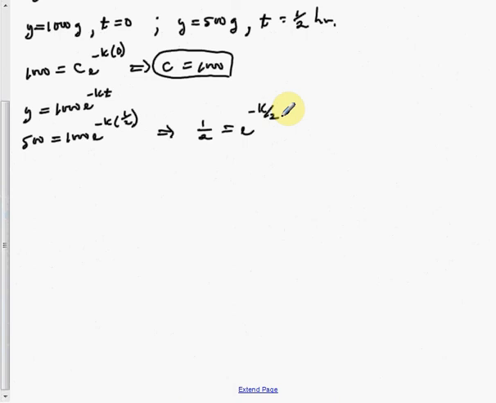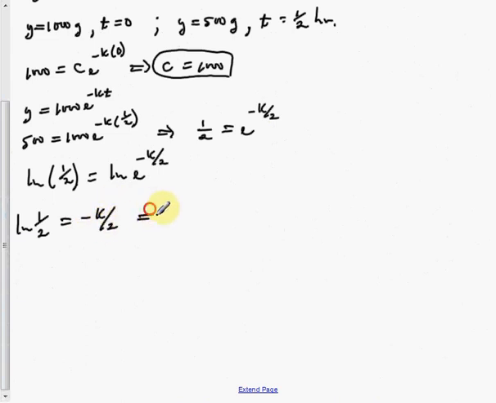We can solve for k, just exponentiate both sides. So here we have the natural log of 1/2 is equal to negative k over 2. So that implies that k is equal to negative 2 times the natural log of 1/2.